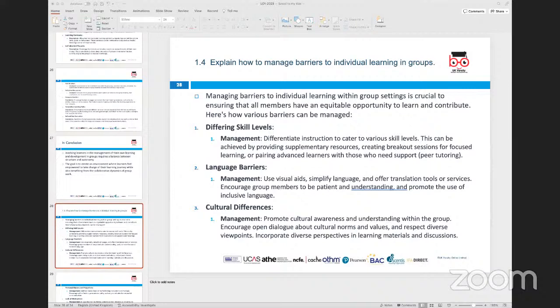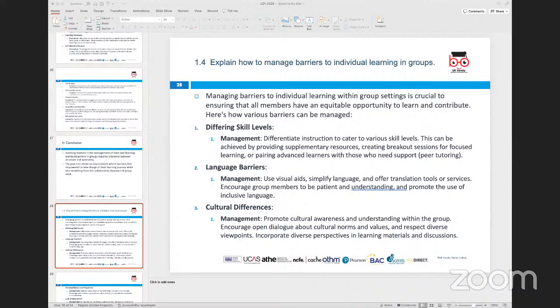And that would help me understand what the activity or the task is asking me to do. So when we in general talk about barriers to learning, they can be hurdles which could be internal or external. Internal could be emotional barriers, a lack of self-esteem, or a lack of focus.